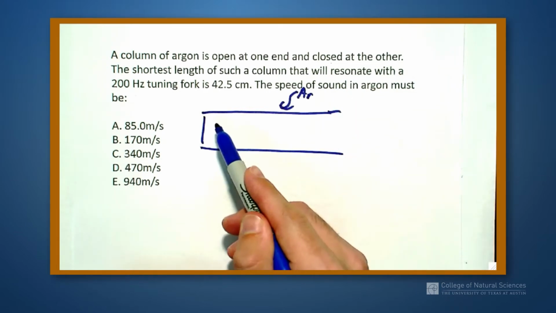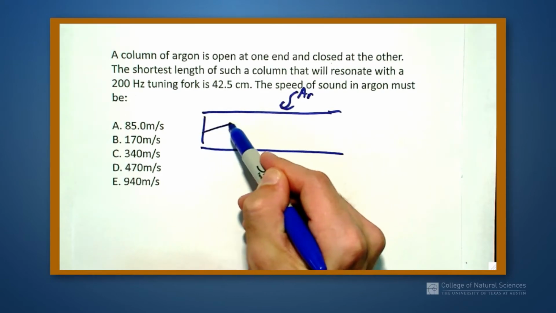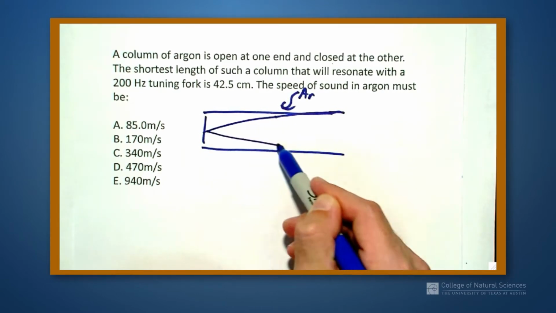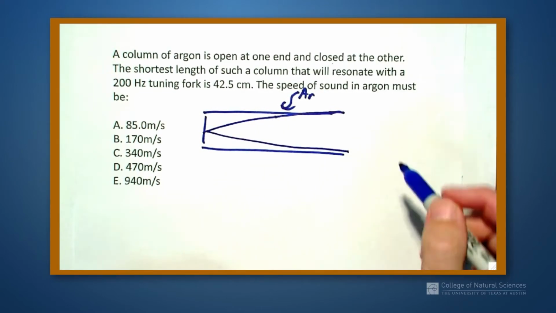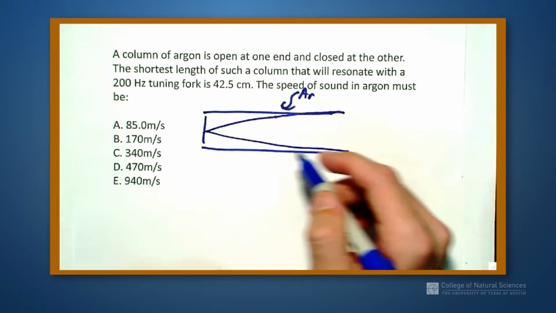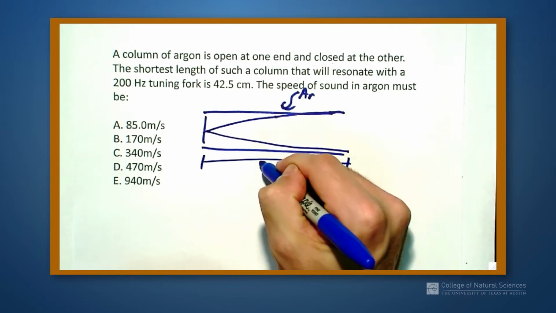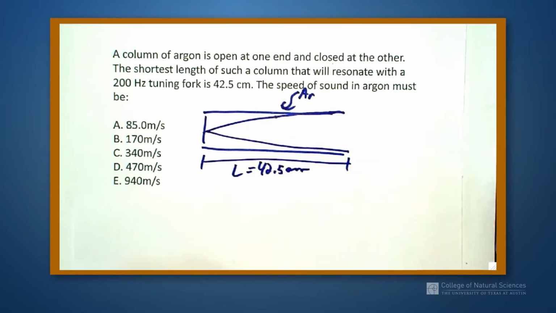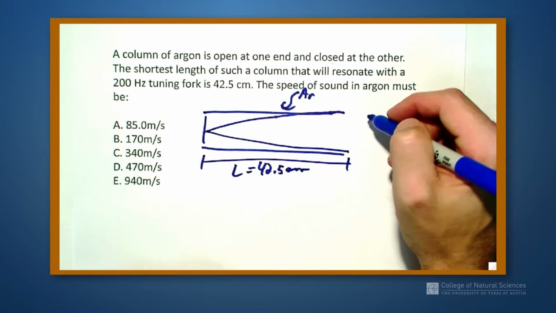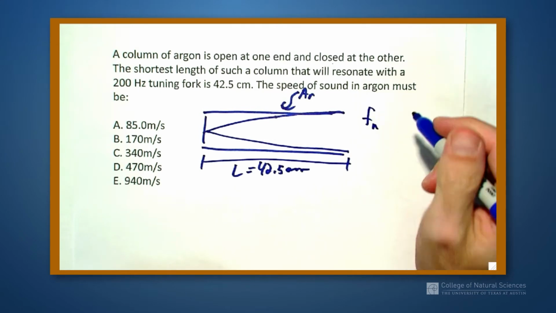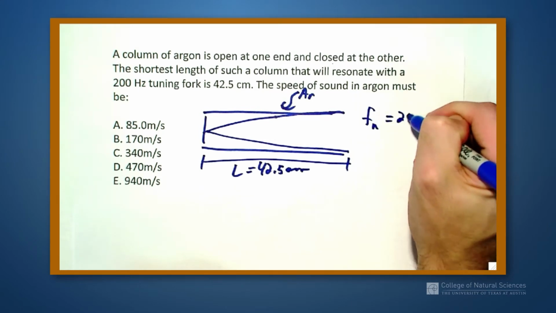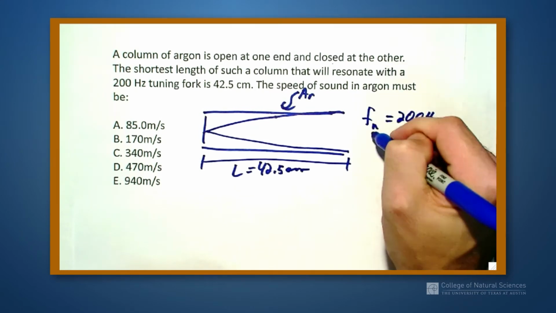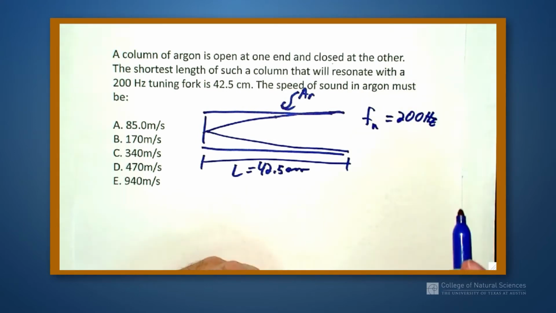And it's the shortest length that will do this, which means I am at my fundamental frequency. So this length right here, 42.5 centimeters, is equal to L. And the frequency is going to be 200 Hertz, for my lowest fundamental frequency.